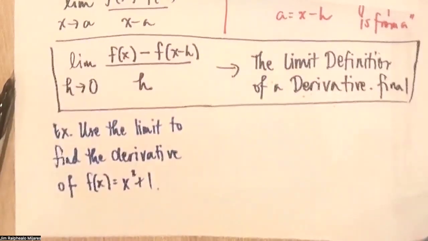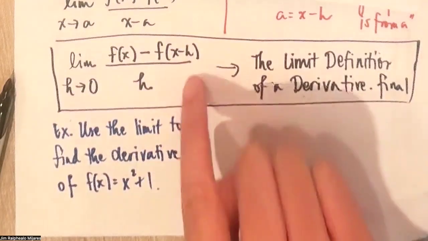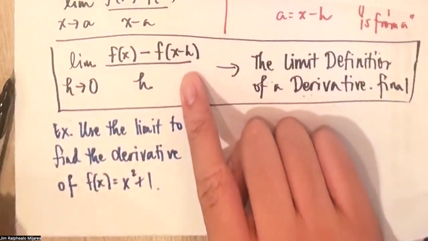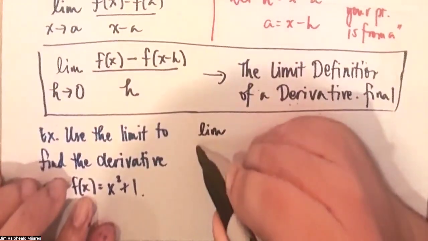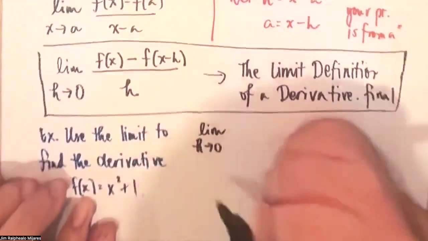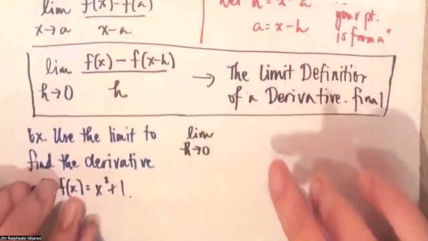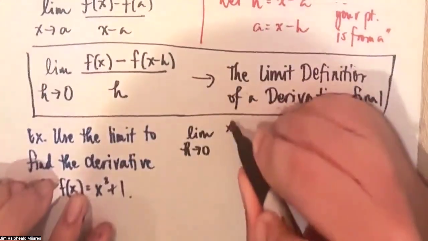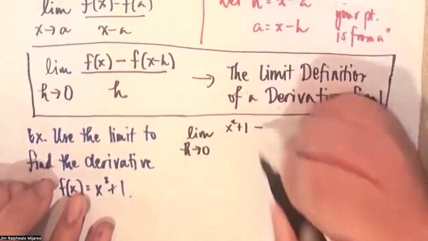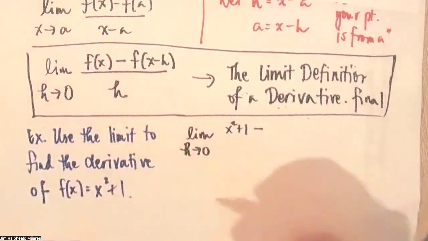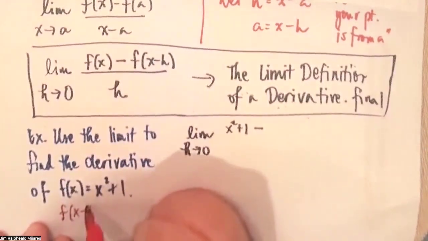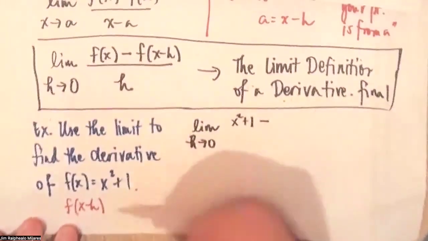If you're asked to use the limit definition to find the derivative, you use this definition. So it becomes the limit as h approaches 0 of f of x, which is x squared plus 1, minus f of x minus h. So what's that?